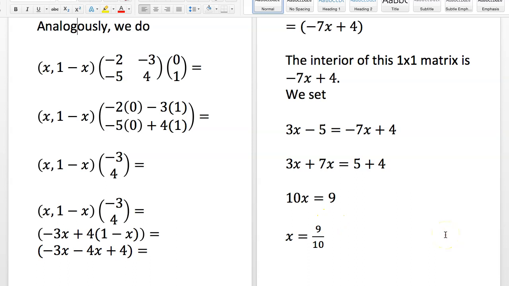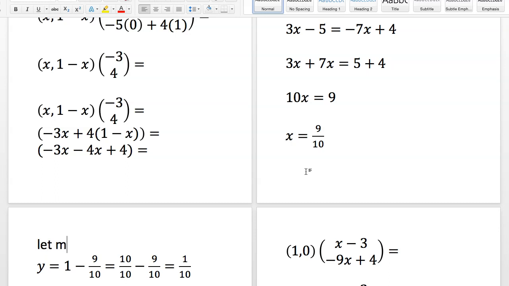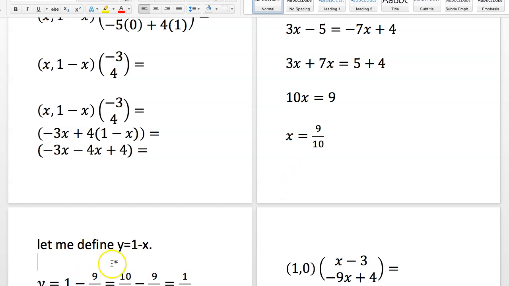And guys, I have to type this out before I talk, or I'll make 100 arithmetic mistakes, maybe more. Now, so there's x, but once you have x, I'm going to define y. It's natural for me to define y to be 1 minus x.